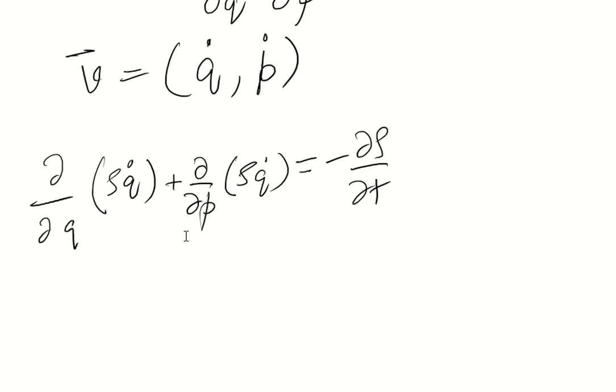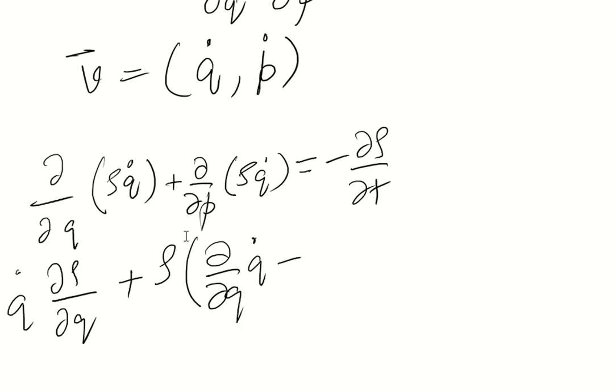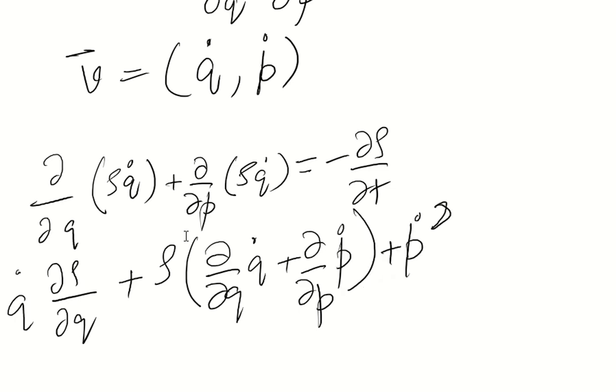And now we expand it. Use the product rule. So q dot partial rho over partial q plus rho, if I take rho common now, so we will get partial over partial q times q dot plus partial over partial p times p dot, plus p dot partial rho over partial p equals minus partial rho over partial t.